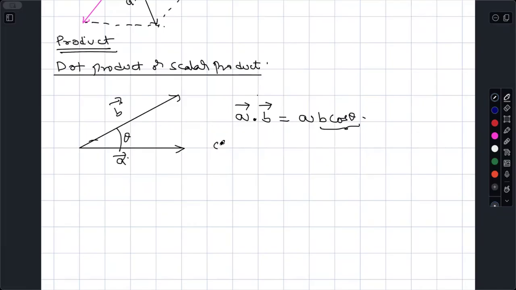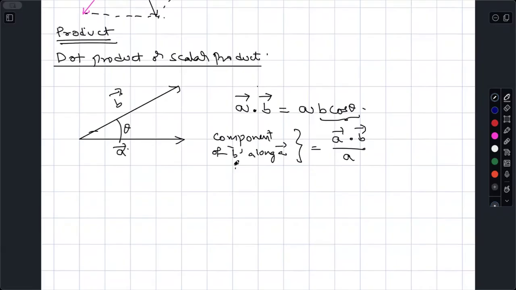Otherwise, if you want the component of B along A bar direction, simply do this: A bar dot B bar by A. Therefore, the component of a vector is always a scalar quantity.